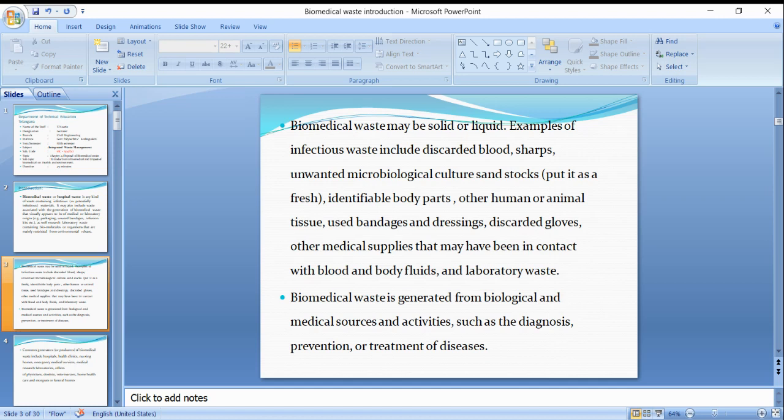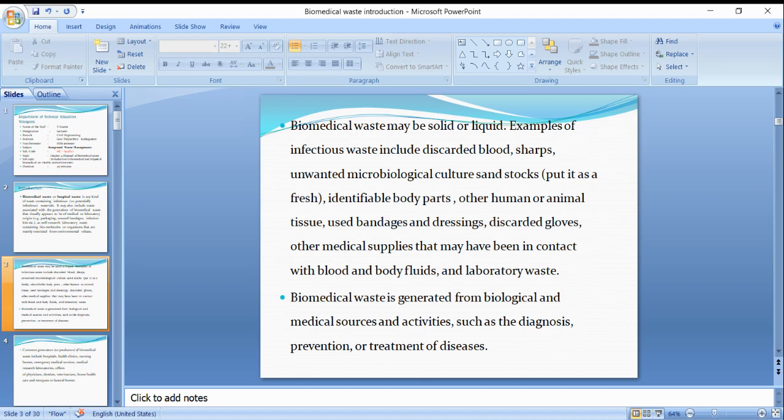Unwanted microbiological cultures and stocks. If you remove any part from our body, it should be kept in one place, and if you want to put an organic part into our body, it should be stored.